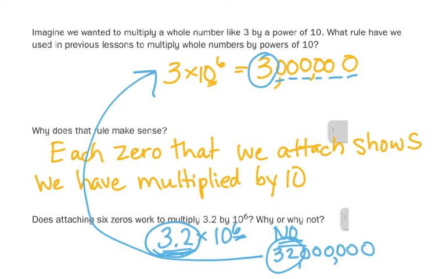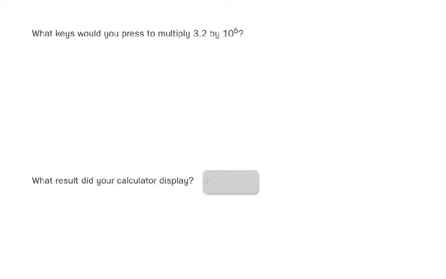So today we're going to look for patterns and develop rules so that you know what you need to do when you're multiplying or dividing by powers of 10 and have a decimal. So grab your calculator. What keys would you press to multiply 3 and 2 tenths by 10 to the 6th power?